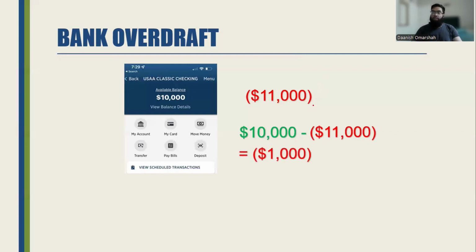Now, in accounting, whenever we show a parenthesis, it means it's a negative balance. Always remember that parenthesis means a negative balance. So this is a bank overdraft. When you withdraw an amount more than your limit in your bank account.